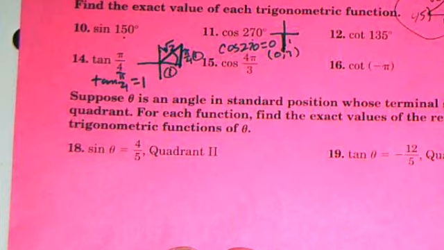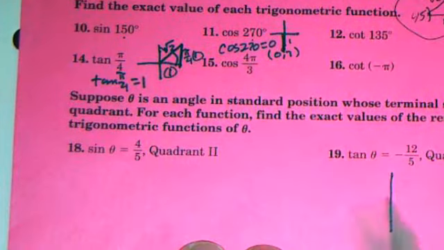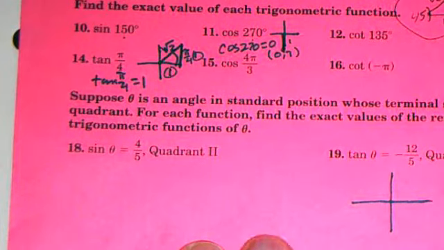It tells us that the tangent of an angle is negative 12 over 5, and that angle is in the fourth quadrant. So we want to sketch that into the fourth quadrant. It says that tangent is negative 12 over 5. Tangent goes with opposite over adjacent.